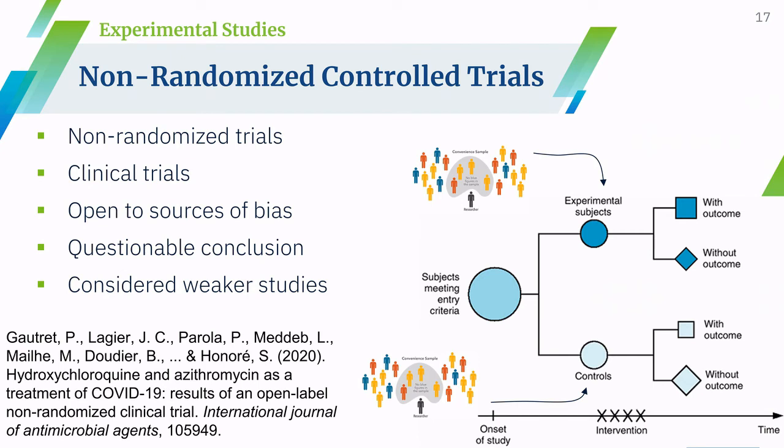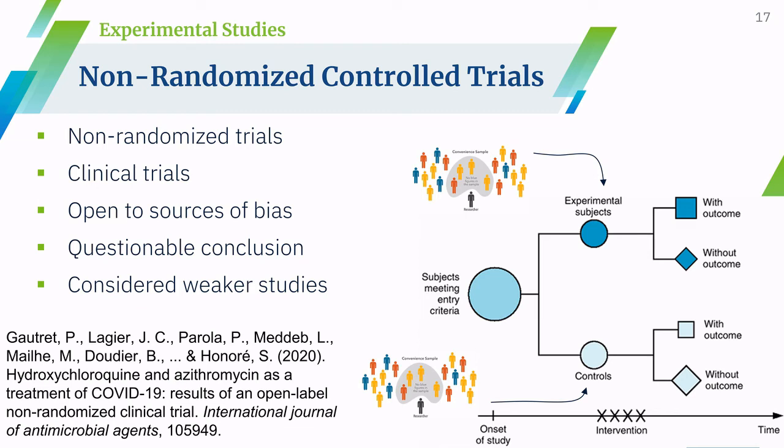Subjects are not always randomized to treatment options. Studies that do not use randomized assignment are generally referred to as non-randomized trials or simply as clinical trials or comparative studies, with no mention of randomization. Many investigators believe that studies with non-randomized controls are open to so many sources of bias that their conclusions are highly questionable.